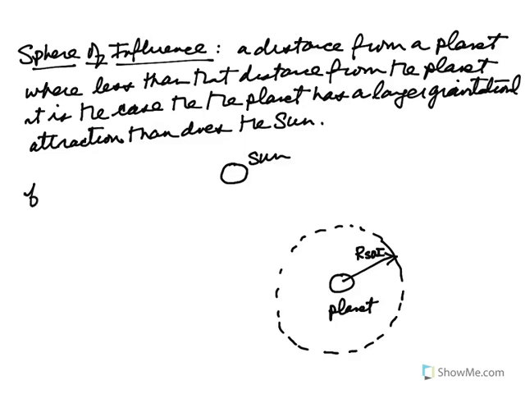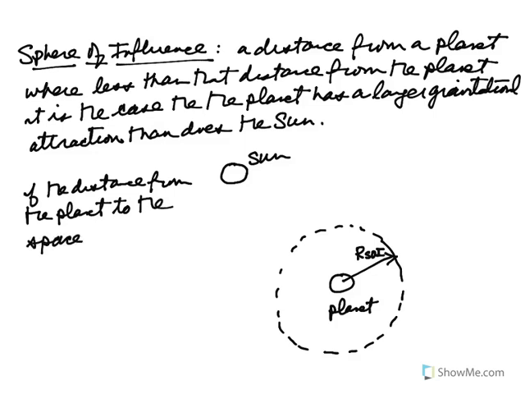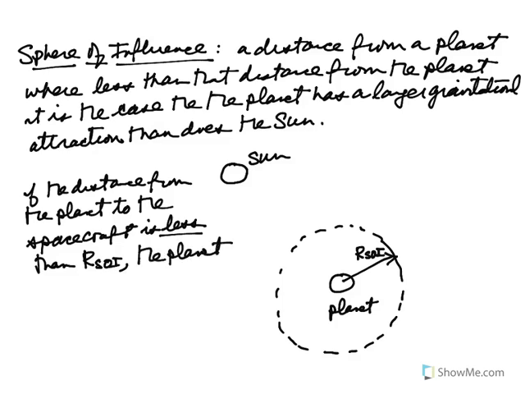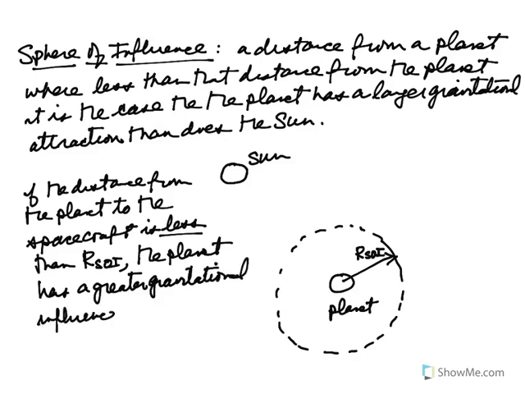So if the distance from the planet to the spacecraft is less than R SOI, the planet has a greater gravitational influence on the spacecraft than does the sun.